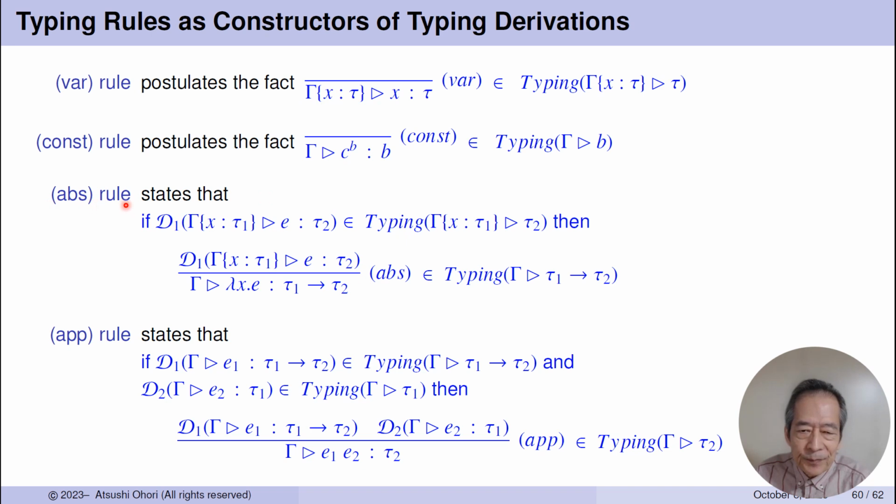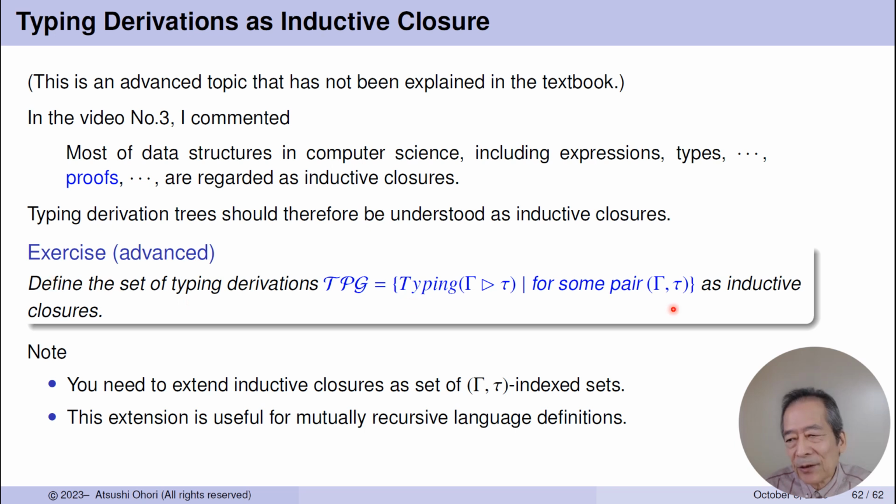And then these inference rules are constructors taking an existing element, in this case an existing derivation tree, and constructing a new tree. Similarly for this rule, in this case you take two existing trees and construct a new tree, right? So this corresponds to the constructing functions in the case of inductive closure, the set of f. Now go back to this exercise.